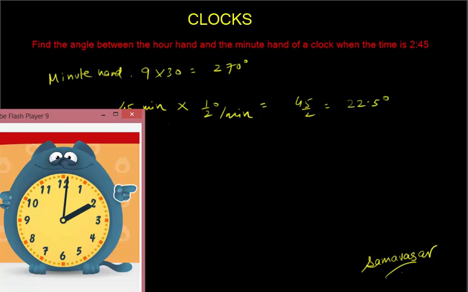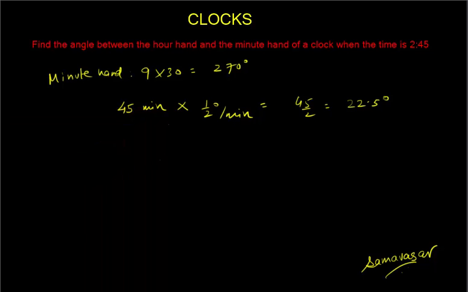This was the initial angle between them, so this also needs to be subtracted. The angle between the hour hand and the minute hand will be calculated as follows. We take the degrees traveled by the minute hand. This could also have been calculated as 45 minutes into the speed of the minute hand, which is 6 degrees per minute, which is equal to 270 degrees, right?